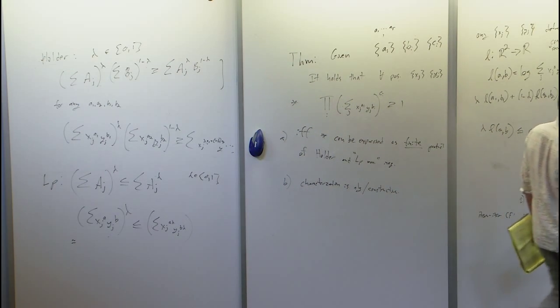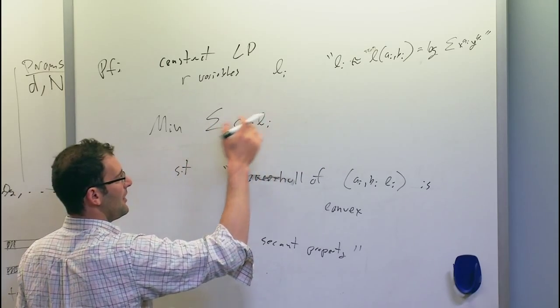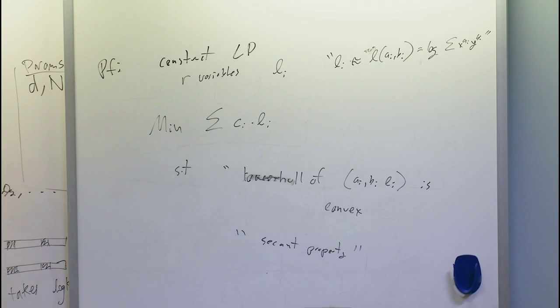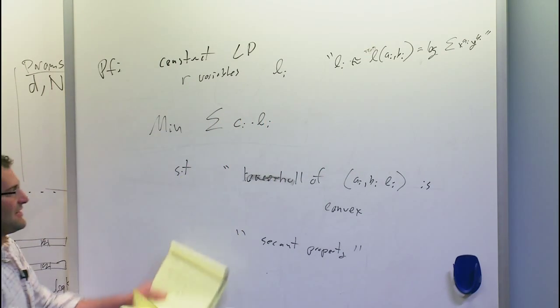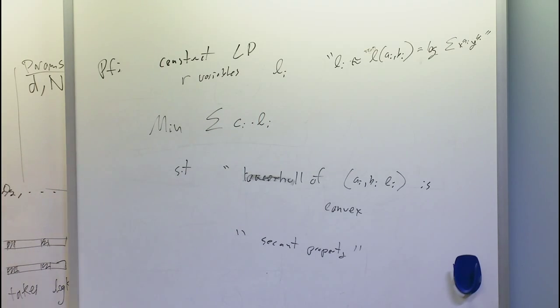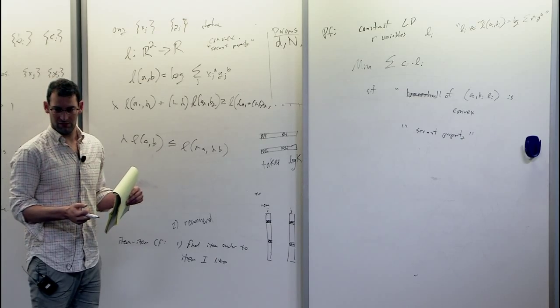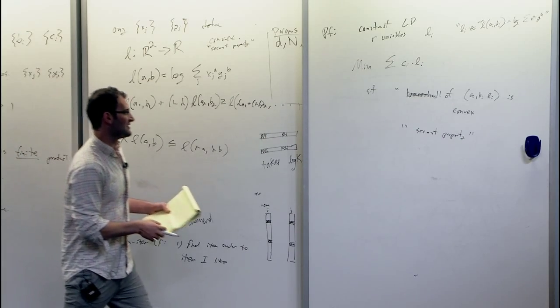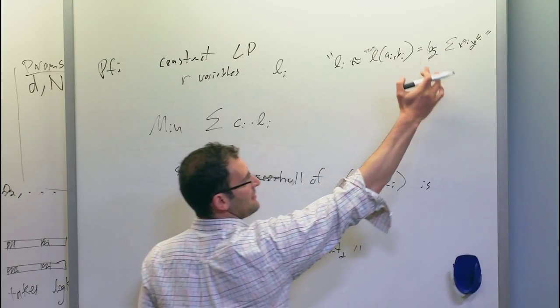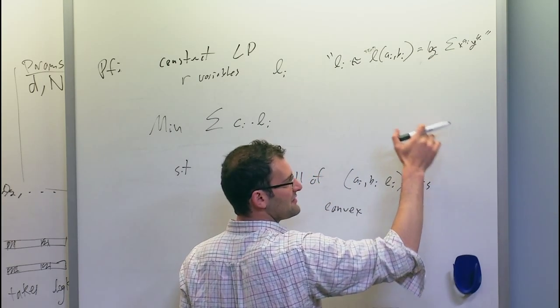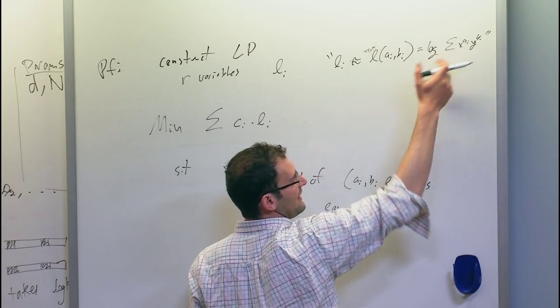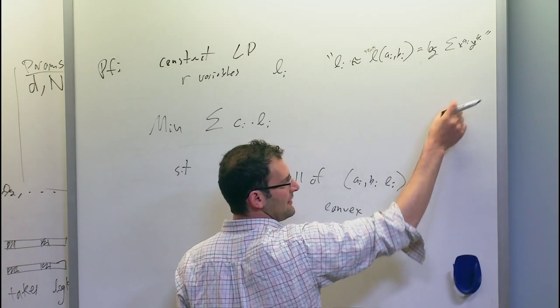If the optimum is less than 0, then we basically need to show that these constraints on Li are sufficient in order to construct these sequences x and y, which isn't so hard. This is basically saying you're telling me what you want the log of this sum to be at a bunch of points, and I just need to find x's and y's that are very close at these points.